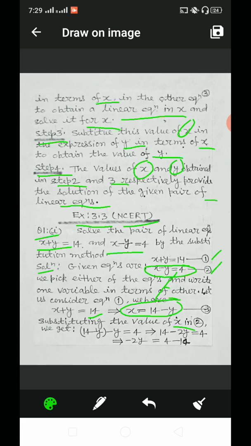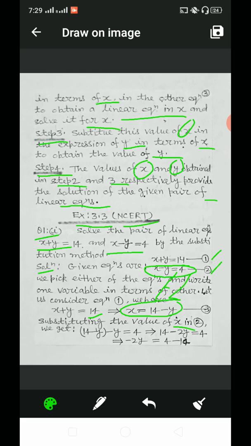So we put the value of x in equation number 2. If we find the value of x in equation number 2, then we put this value in equation number 1. So we substitute the value of x equal to 14 minus y in equation number 2.